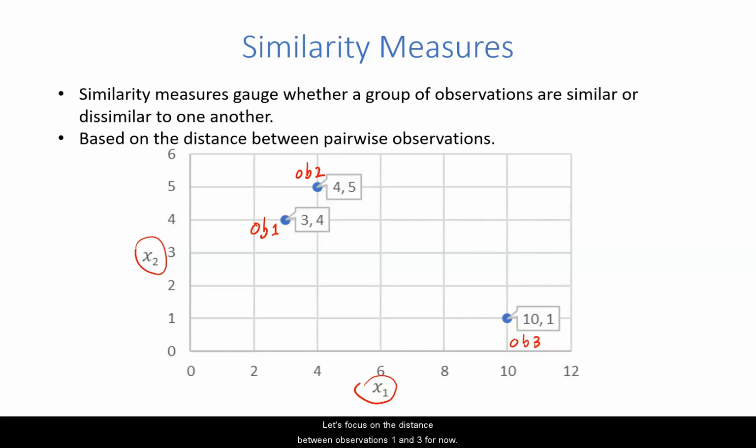Let's focus on the distance between observations 1 and 3 for now. What is the distance between the two observations? Well, the shortest distance between the two observations would be a straight line between the two observations.